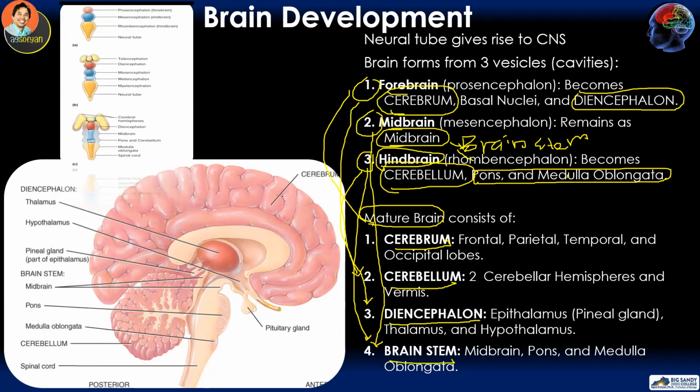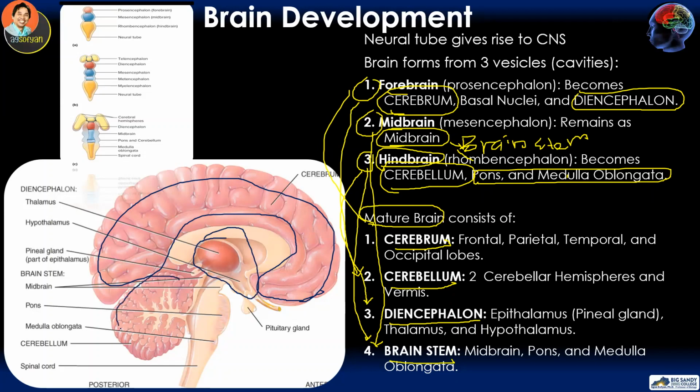Again, the biggest part over here is the cerebrum. The middle part is the diencephalon. The cerebellum is on the back. And the last part, which continues as the spinal cord, is the brainstem.